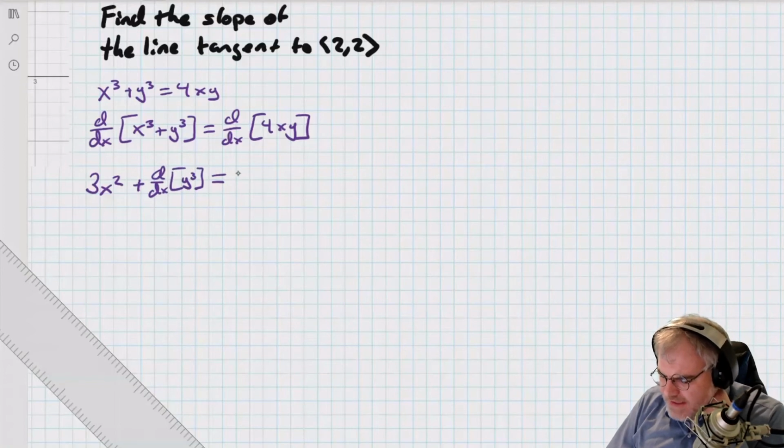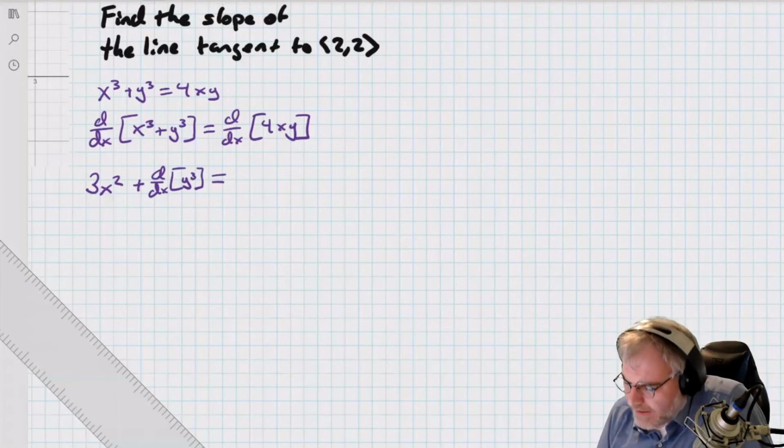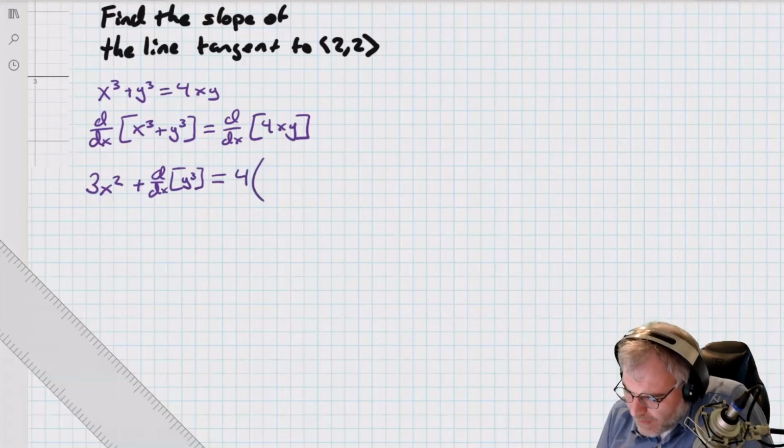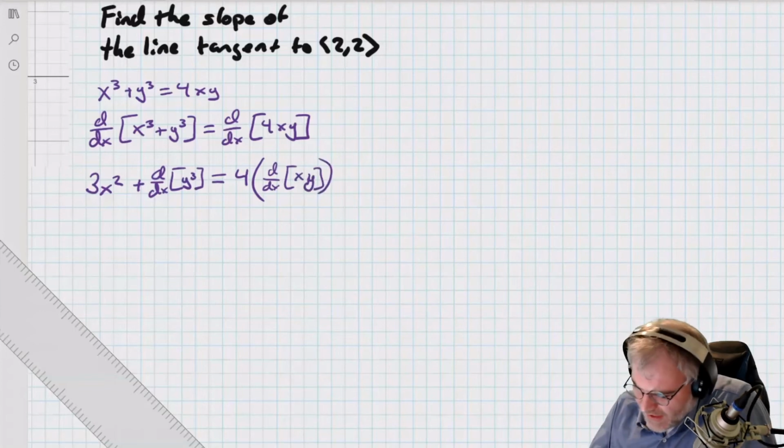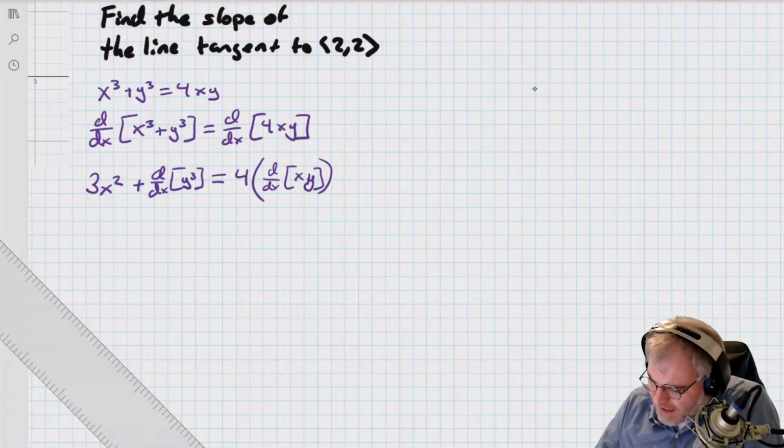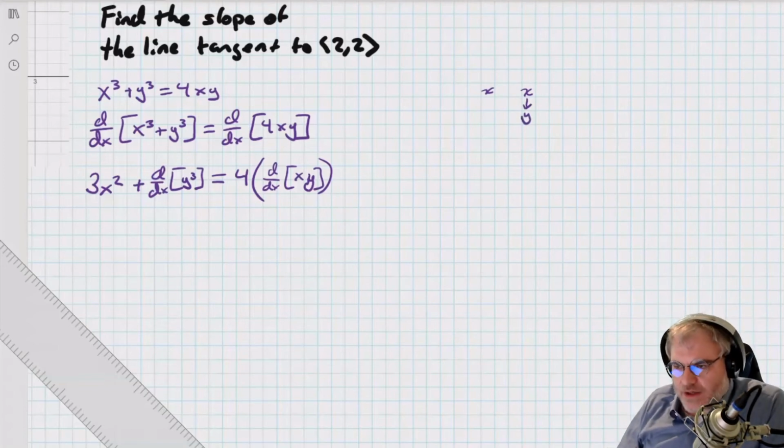Now, on the right side, I've got a product rule, right? Because I've got x, I'm going to pull out the 4. And then I've got a product rule, because then I've got d over dx of xy. So my journey of x looks like the following. On this side, I've got an x, and I've got a y.